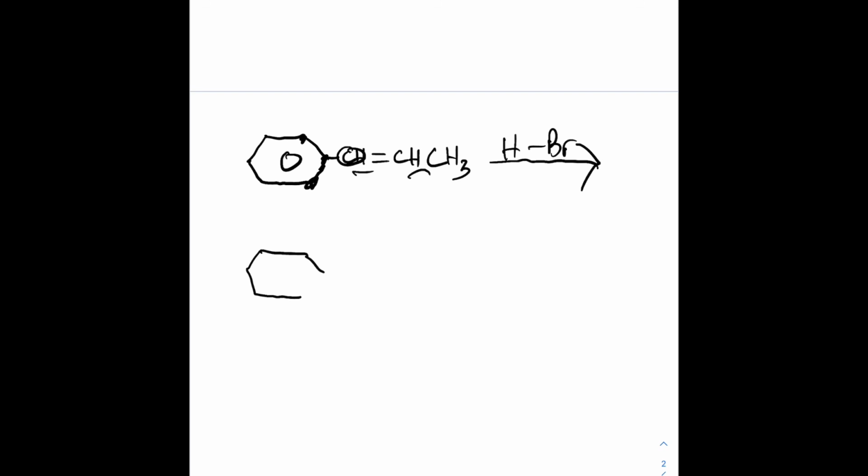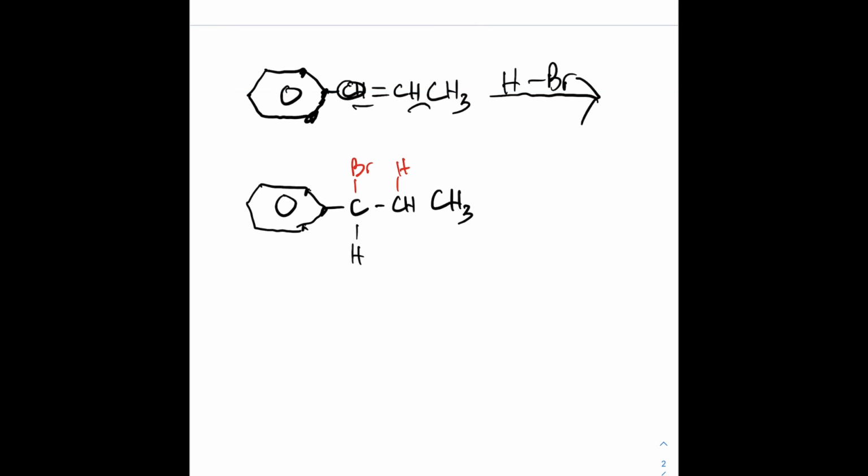So if you redraw it here, you're going to have the bromine added here. And just to show it better, I'll draw it like so. The bromine is going to attach to the carbon that's attached to the most other carbons, and the hydrogen is going to attach to the other carbon across the double bond.